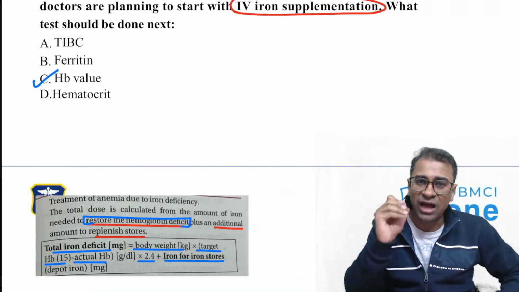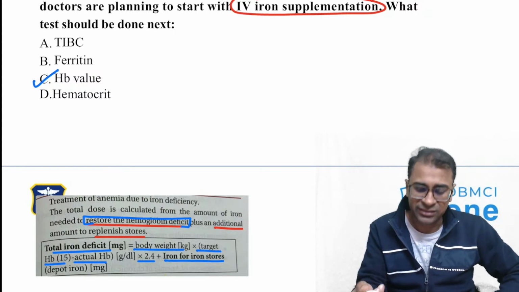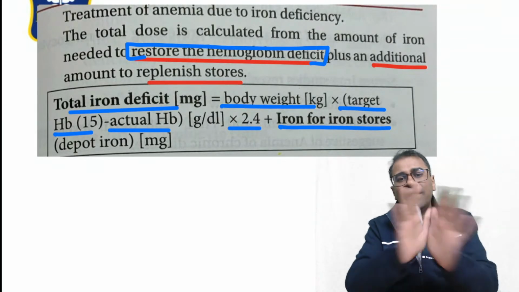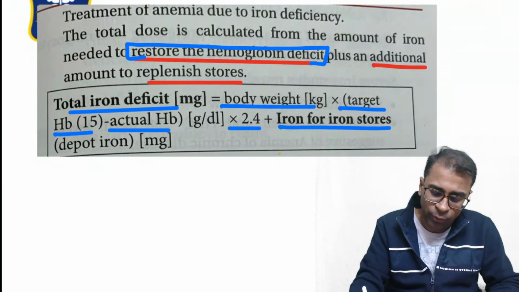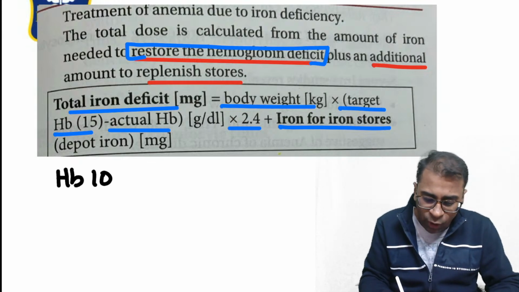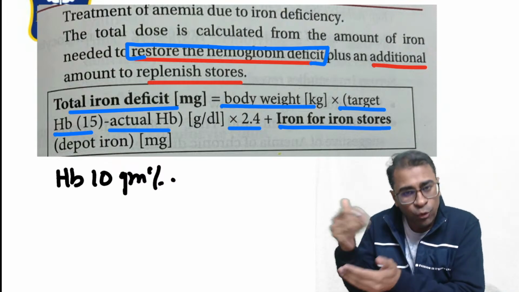For giving the IV iron supplementation, the way to give this is by this formula. By this formula, example समझो. Let's say कि एक patient का hemoglobin is 10. ठीक है? Okay, patient hemoglobin is 10. And now I want to give the patient intravenous iron therapy. How to give it?